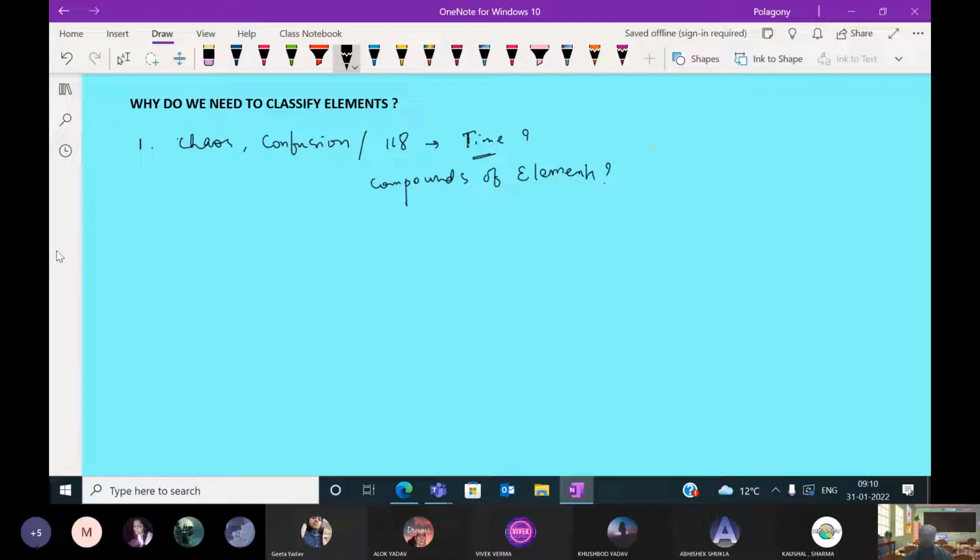That means, in order to overcome the confusion and chaos, and to study the compounds of elements in a systematic manner, we need to organize the elements.